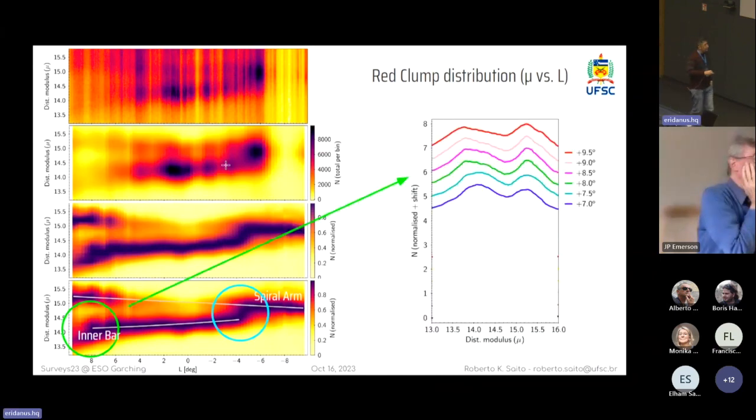If you analyze this green circle here, from 7 to 9.5, you see that the red clump has a double peak, as expected. And these peaks should be this. So we interpreted this possibly as the Sagittarius arm behind the bulge.